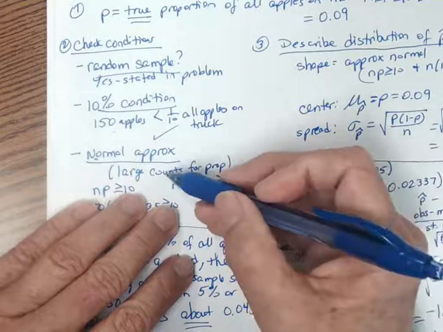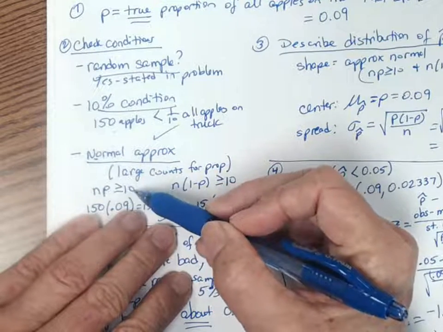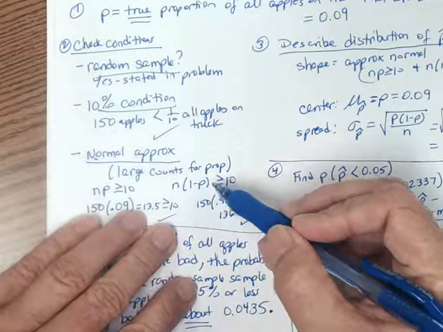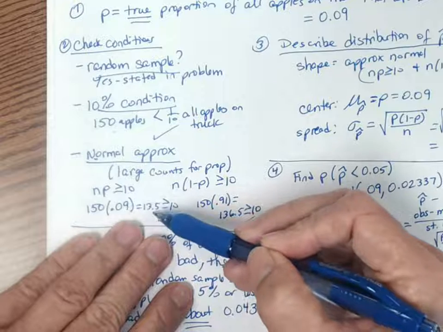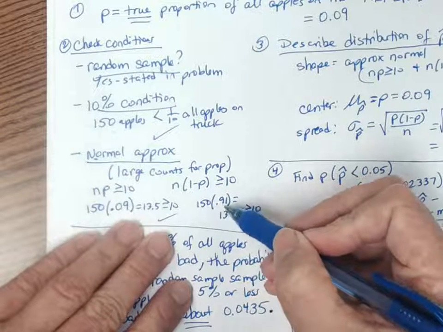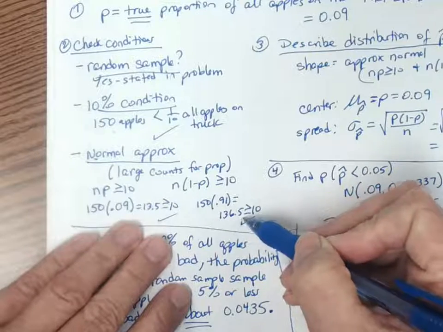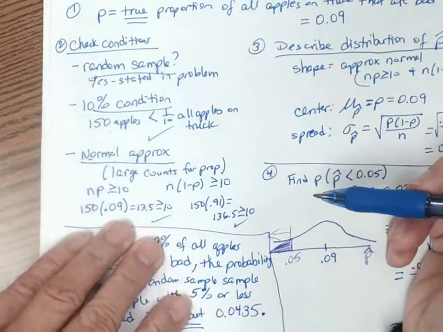For proportions, we need to use the large counts condition. So that means n times p is greater than or equal to 10, and n times 1 minus p is greater than or equal to 10. So 150 times 0.09 is 13.5. Yes, that meets it. And 150 times 0.91 is 136.5. That's greater than 10. So I've met all 3 conditions.